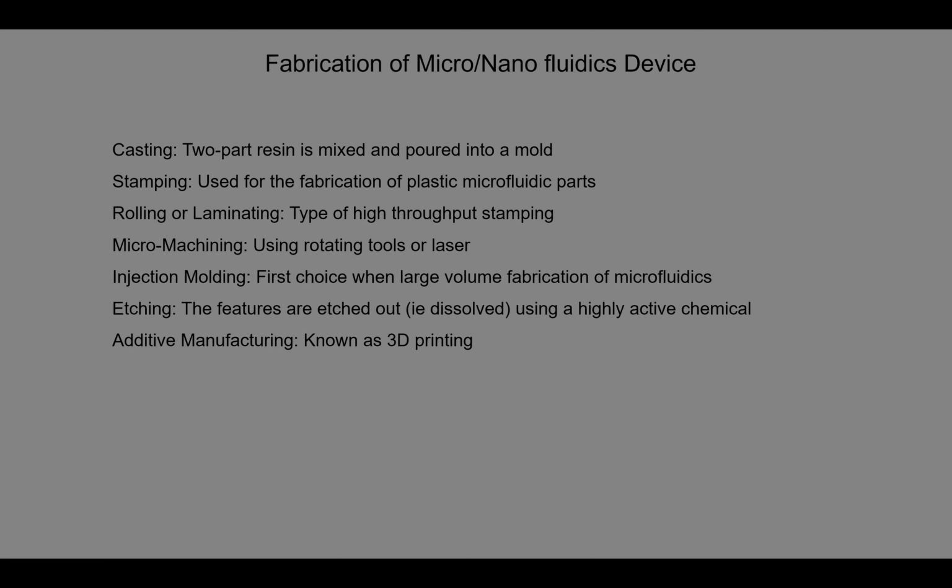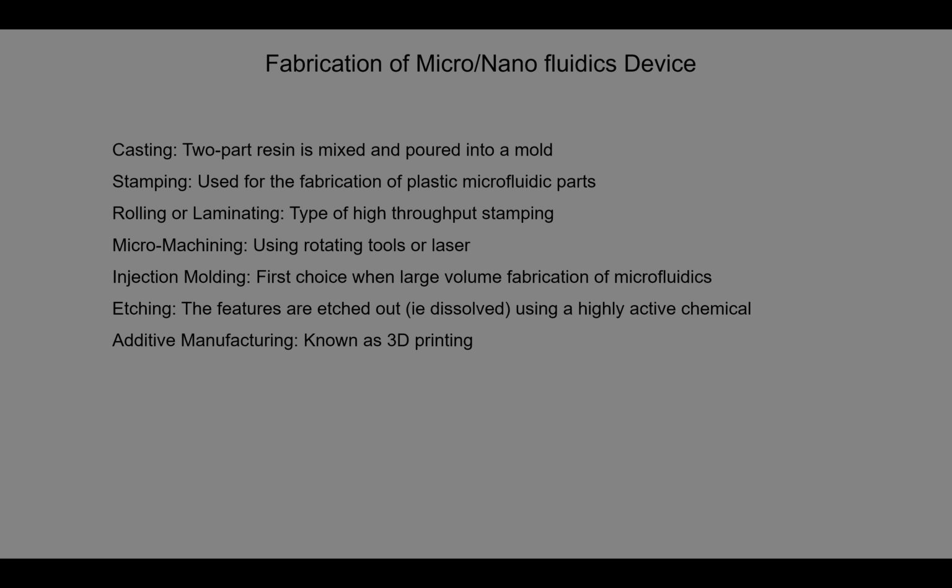So we have to think about the different methodologies. Here I mentioned how many types of fabrication techniques are possible for micro and nanofluidic devices. The first one is casting, in which two parts of resin are mixed and poured into a mold. Then stamping is used for the fabrication of plastic microfluidic parts.